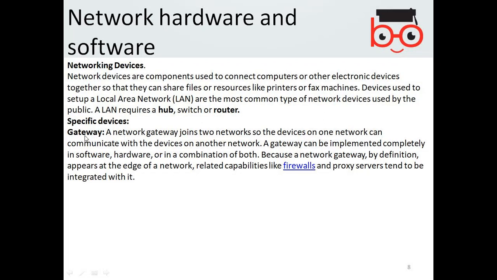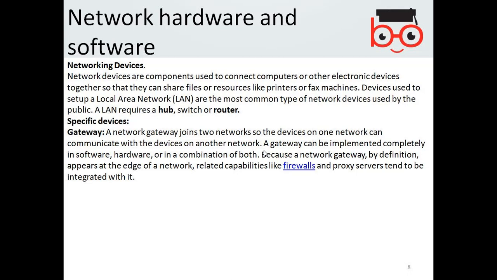For example, gateway. A network gateway joins two networks so the devices on one network can communicate with the devices on another network. So when you connect two networks, you can connect them with a gateway. For example, if you have communication between your home and your computer, that can be considered one network.